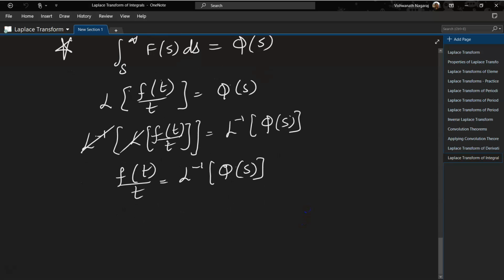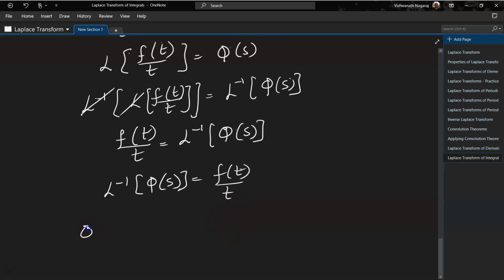Let's differentiate phi of s. Let's again rearrange this. Laplace inverse of phi of s is equal to f of t by t. Phi prime of s is equal to minus f of s, which is equal to minus Laplace of f of t.